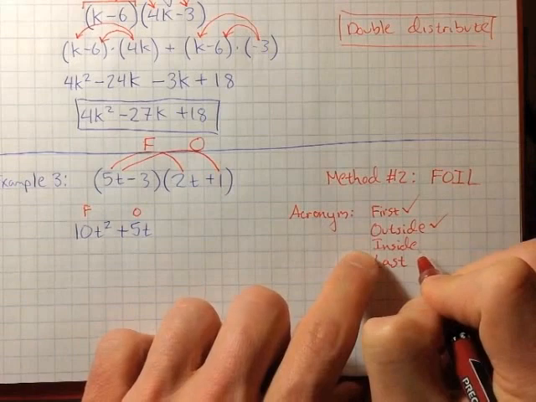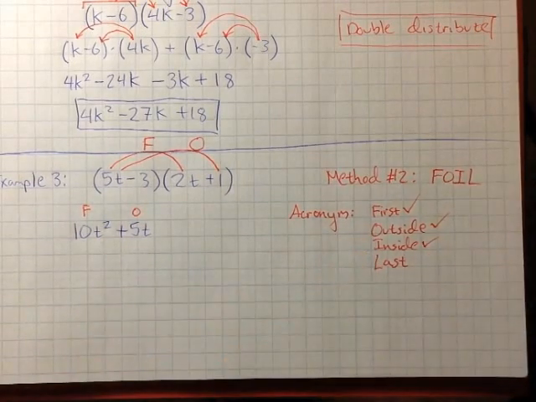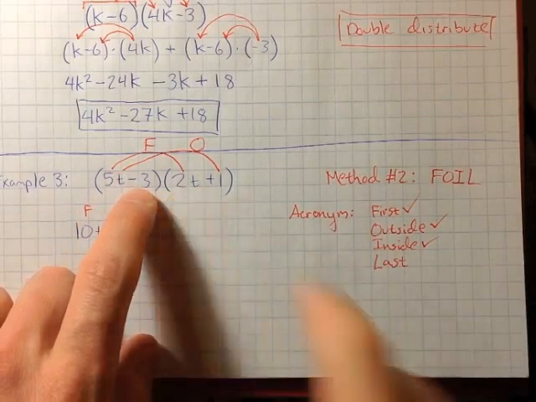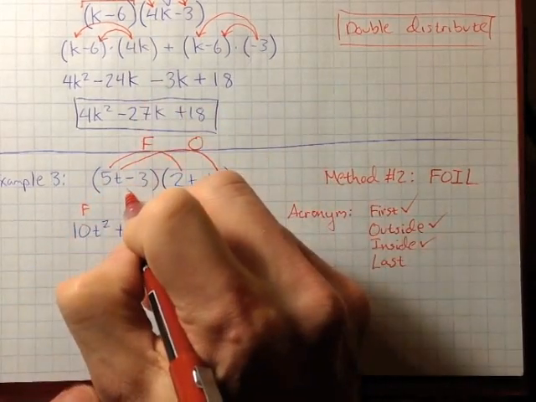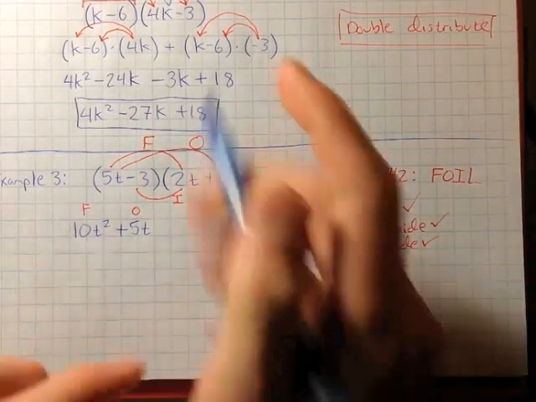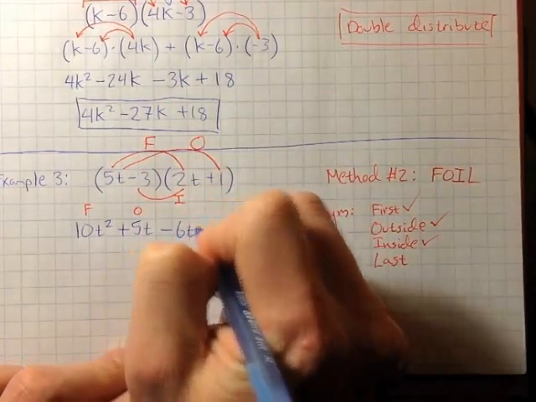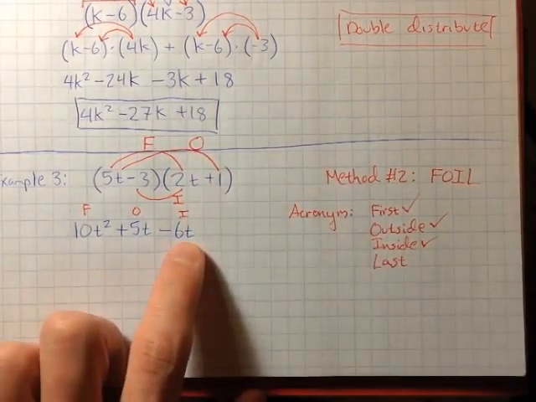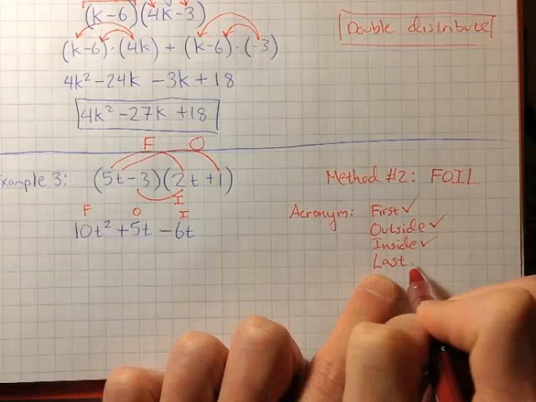Now, we're going to multiply the inside terms. The inside terms are negative 3 and 2t. Negative 3 times 2t is negative 6t. So this is the I for inside terms. Now we're going to multiply the last two terms.